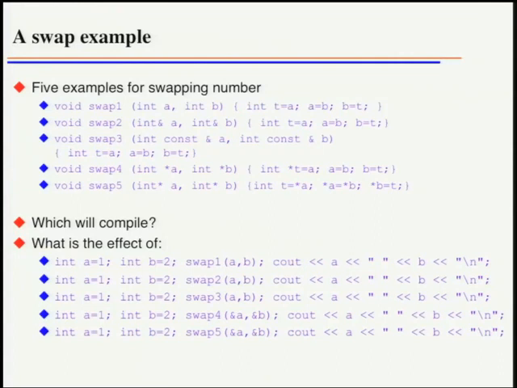Compare this to the swap 5, where we actually dereference the pointer a. So t stores now the value that a pointed to. We dereference a and write into the memory location that a points to the value of b. And afterwards, we write the value that used to be in a into the memory location that b points to.